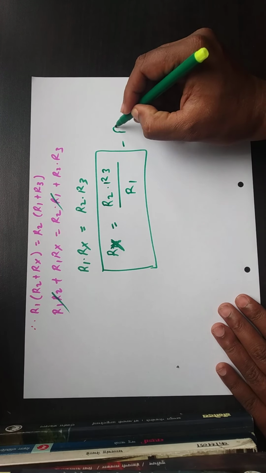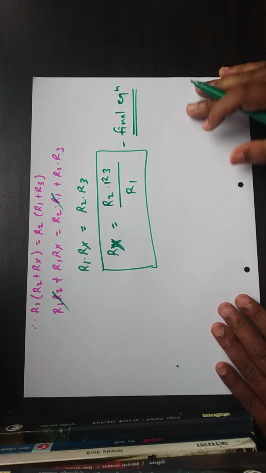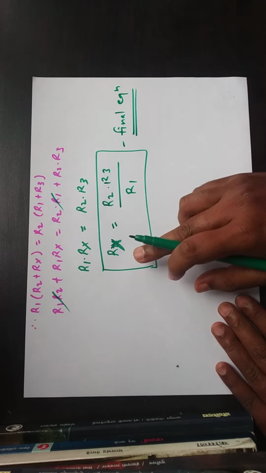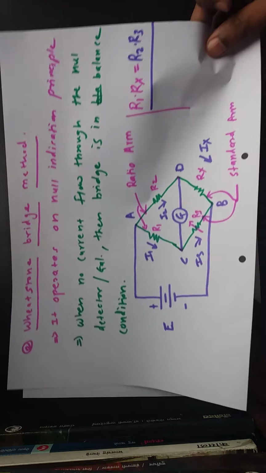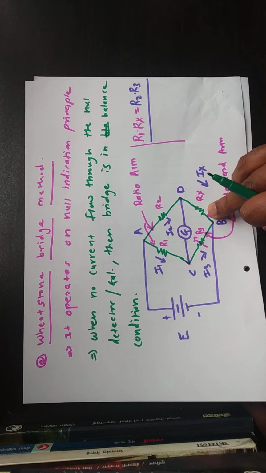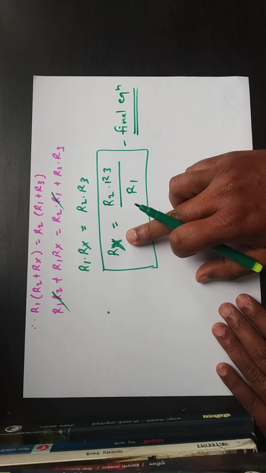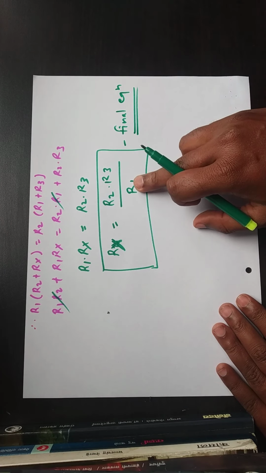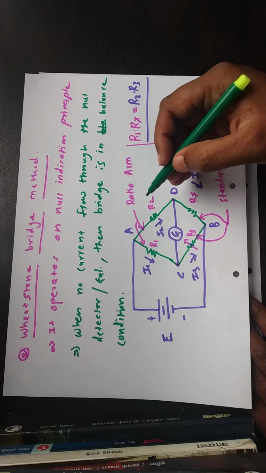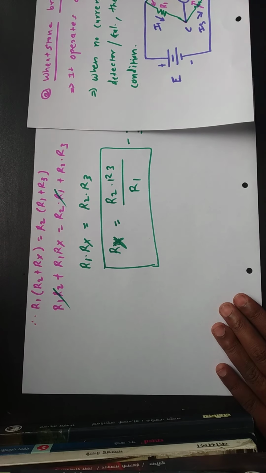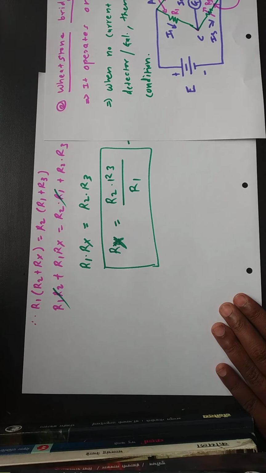The unknown resistance of this Wheatstone bridge, Rx, can be found using this simple formula: R2 into R3 divided by R1.